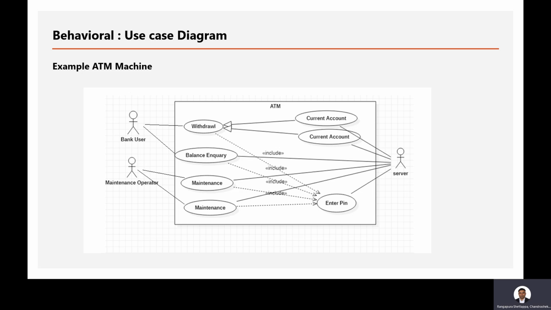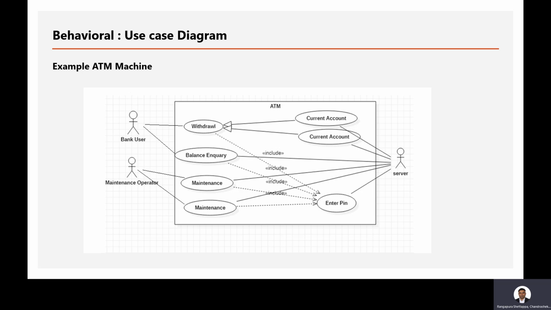Similarly, a maintenance operator can do one maintenance or multiple maintenances. To do all these workflows, they have to include entering a PIN by default, whether to withdraw, do a balance inquiry, do a maintenance, do some sort of deposit, or correct the machine.